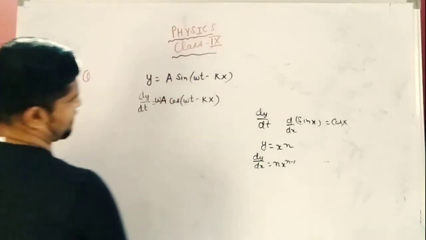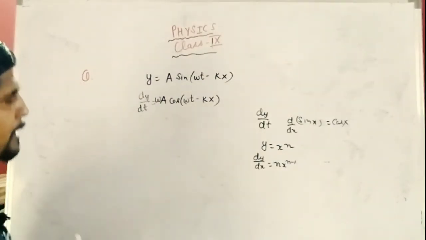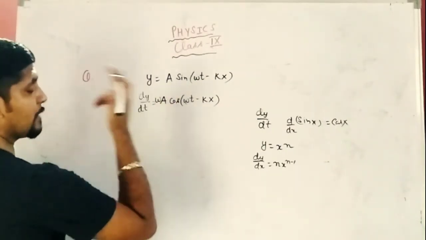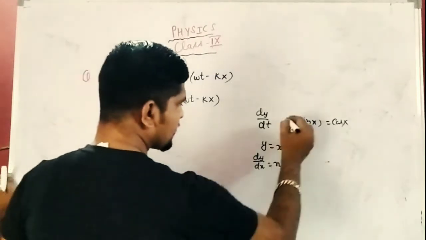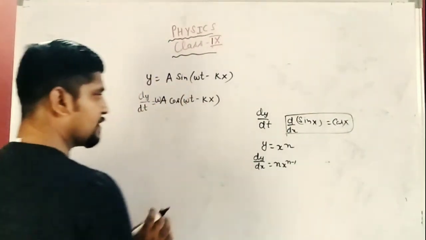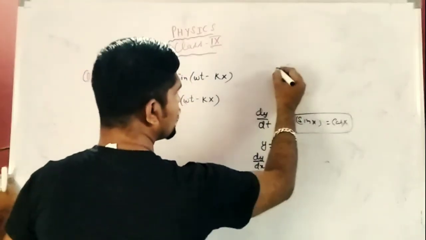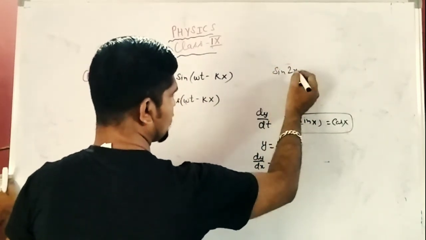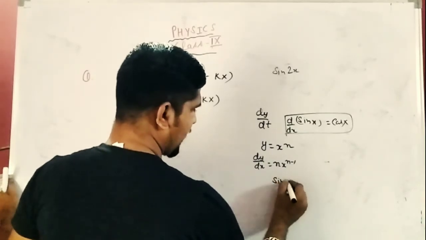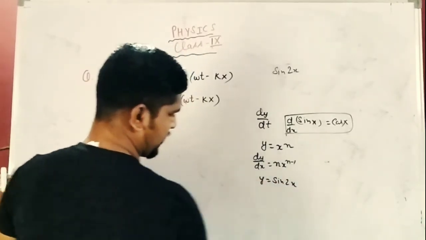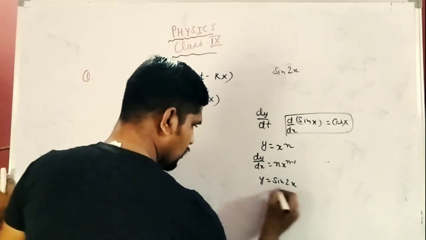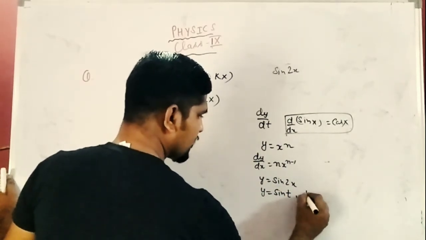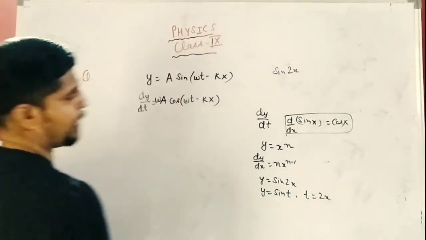Because this t is having omega, omega is also in multiplication. Now the question is why this is in multiplication. This is the direct formula, you have to remember it. But suppose you are having y is equal to sine 2x. So y is equal to sine t, where t is equal to 2x.